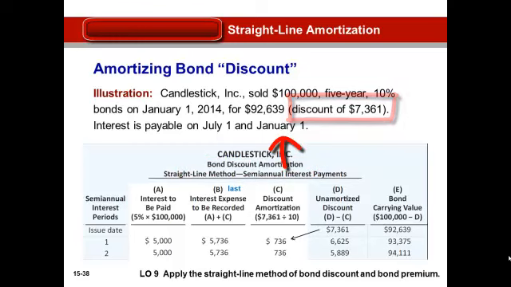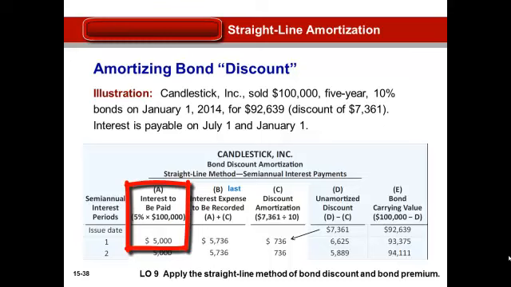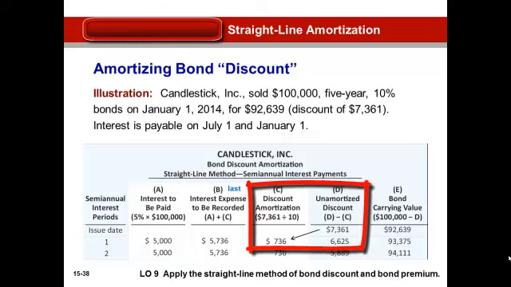You'll recognize that we pay interest, column A, $5,000 every 6 months. That 5% rate is the 10% annual coupon rate divided by 2, because it's paid every 6 months, so effectively 5% every 6 months. The discount on bonds payable of $7,361 is amortized 1/10 every 6 months, or $736.